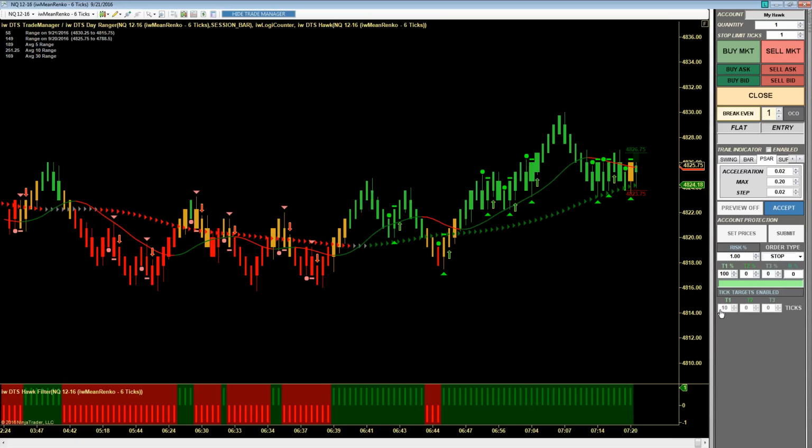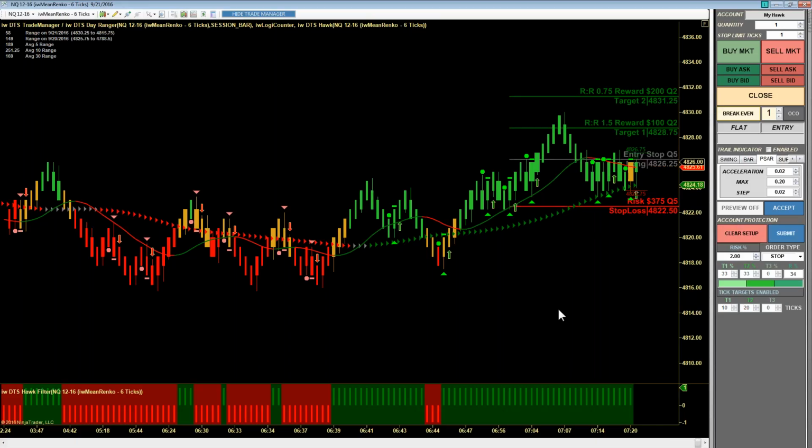You can also split up your profit objectives. Normally, especially lately, I've been going all in, all out. So I've got my profit target set at 100%, but let's say I'll take a third off at target 1, I'll take a third off at target 2, and then I'll have a third on as a runner. And let's say target 2 is going to be at 20 ticks. And I set up my trade like so. So I've got 5 contracts.